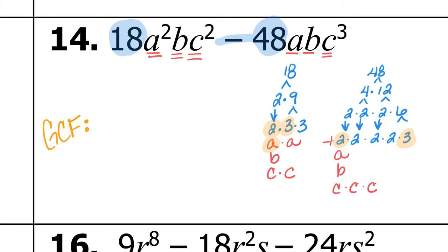They have the letter A, only one of them, the letter B, and 2 letter C's. So my greatest common factor is 2 times 3, 6, 1 A, 1 B, and 2 C's. So my greatest common factor is 6ABC squared.